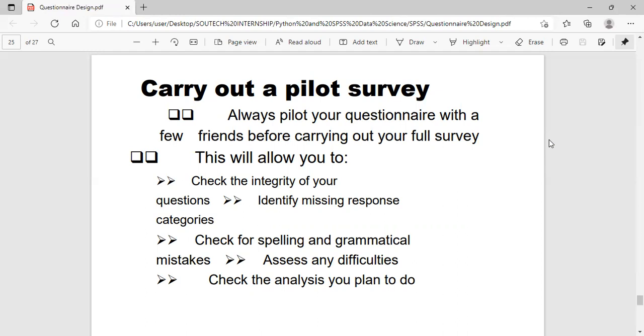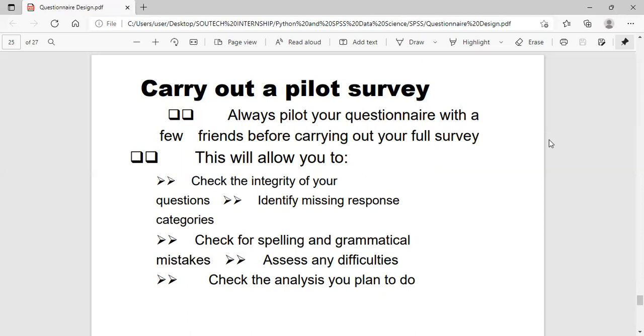So a pilot survey is a survey that you share among your friends first before sending it out to the world, to other people. Just like we usually have mock exams before the real exam to help you see certain things before the main exam.